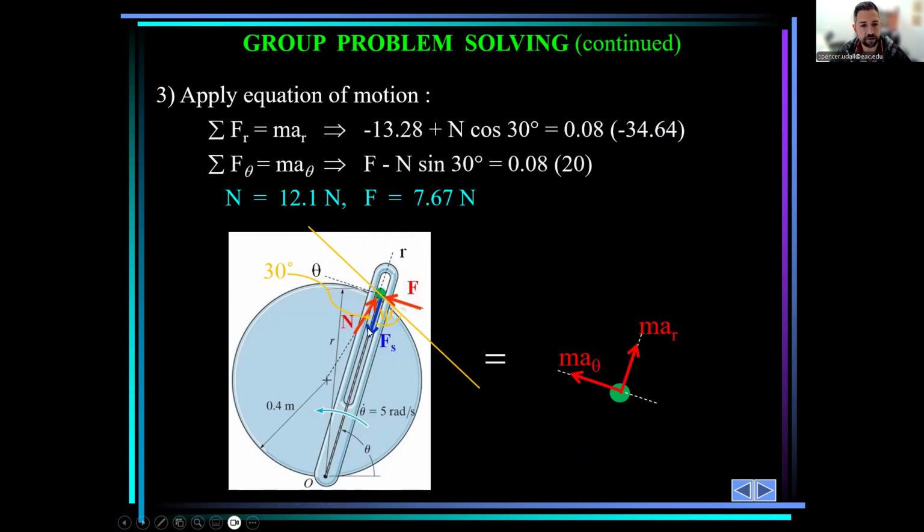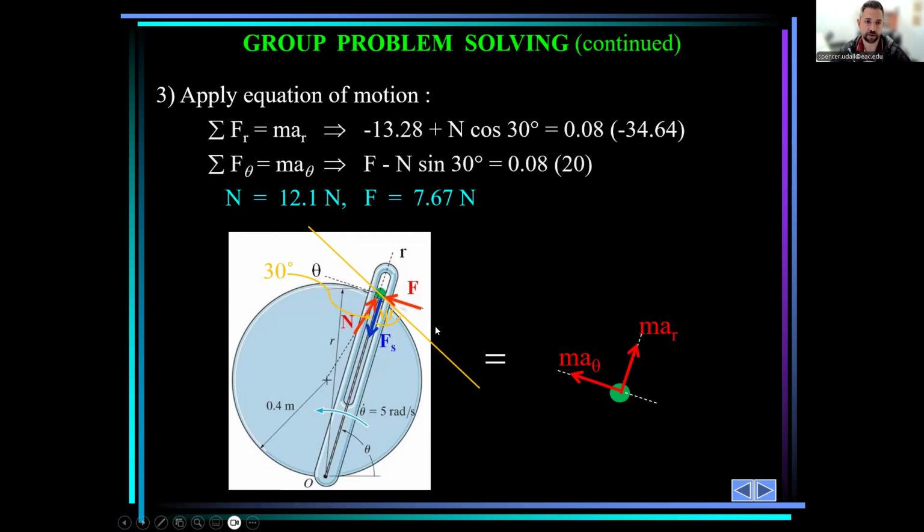So if we know that that is 30 degrees, we can sum the forces equals ma. In the r direction, we've got N cosine 30 going positive. We've got negative force of the spring, which was 13.28 newtons, equals mass of 0.08 kilograms times the acceleration in the r that we calculated a second ago.